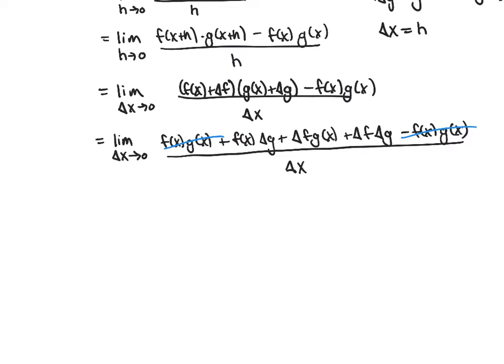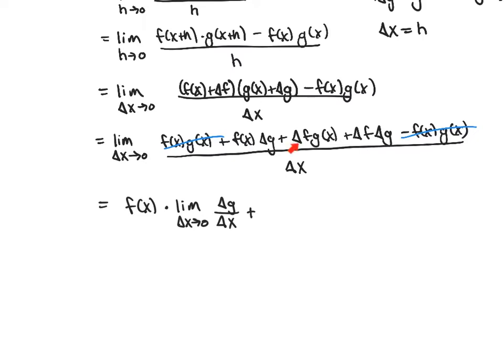So looking at this first term in the numerator, I'm going to take an f of x out because f of x has no dependence on delta x, so relative to the limit it's a constant. So I have f of x multiplied by the limit as delta x goes to 0, delta g over delta x.